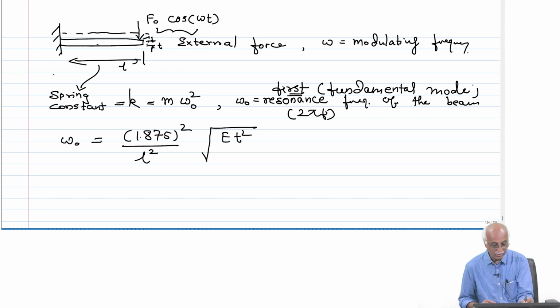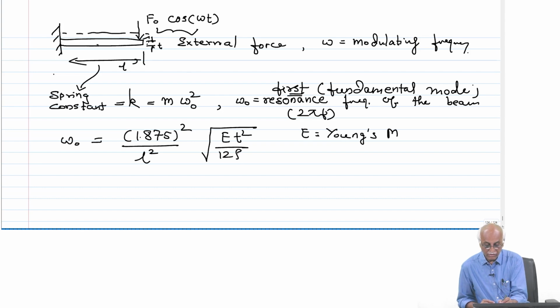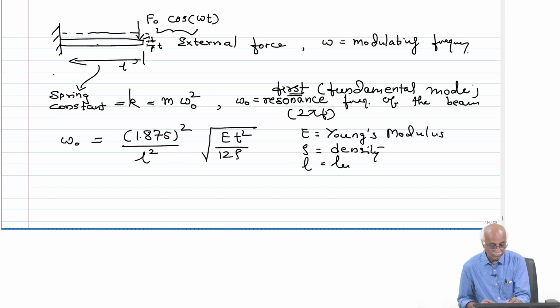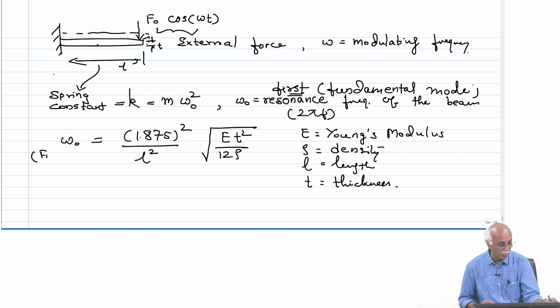It is given by this, where E is Young's modulus depending upon the material, if we are using silicon, the corresponding Young's modulus value for silicon is taken, rho is density, L is the length of this cantilever beam, and T is the thickness. This will determine the first fundamental mode, and the amplitude of this vibration.